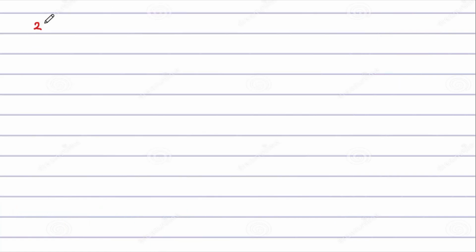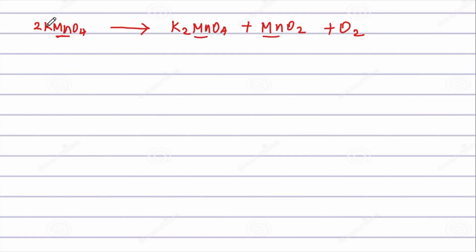Next equation is 2KMnO4 gives K2MnO4 plus MnO2 plus O2. So in this equation, you have to find the oxidation state of manganese in reactant and product. Already we saw this.